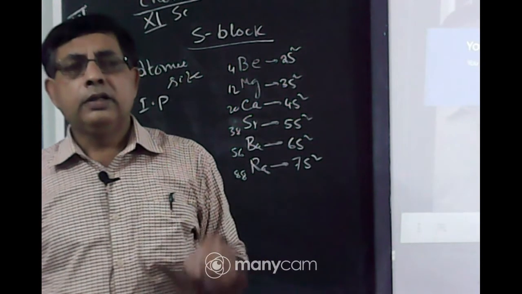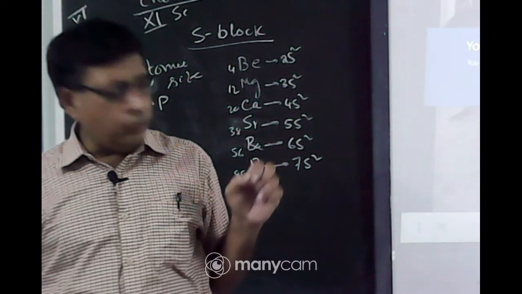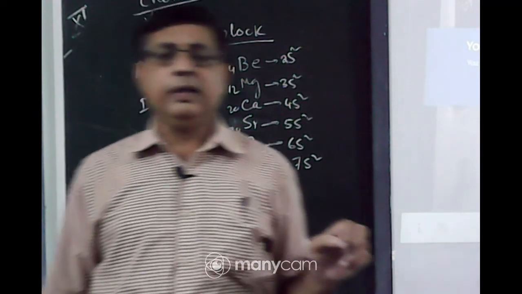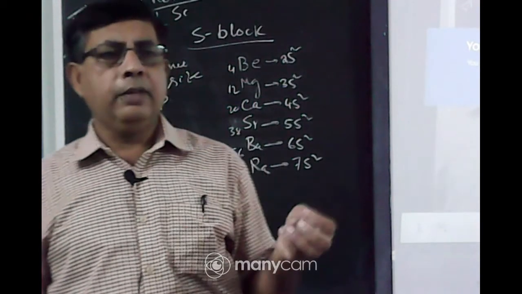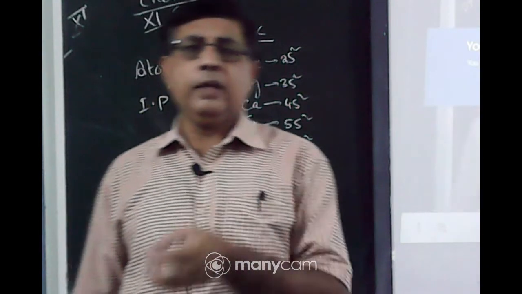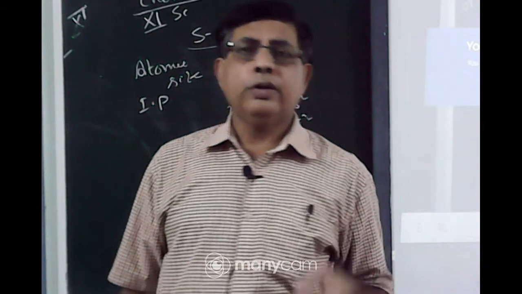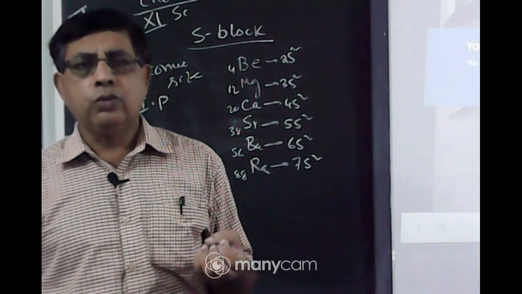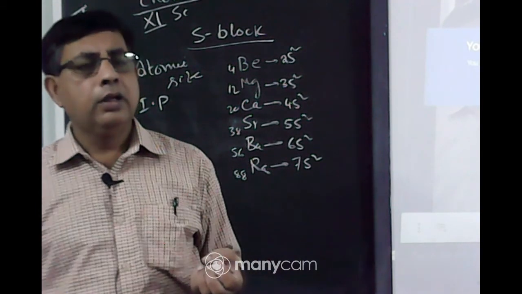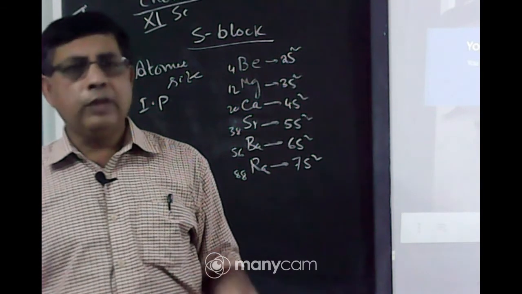Why? Because when we move from alkali to alkaline earth elements, the nuclear charge increases. Sodium has atomic number 11, magnesium has atomic number 12. So, due to the increase in nuclear charge, the electron cloud is pulled towards the nucleus, and it is very difficult to remove the electron.